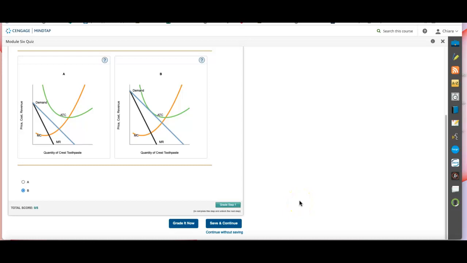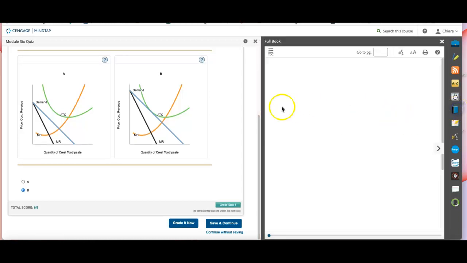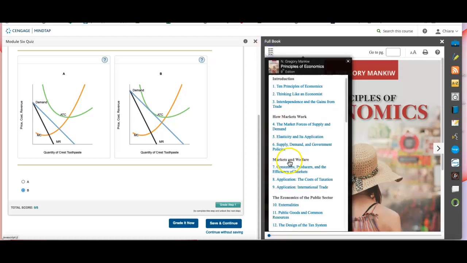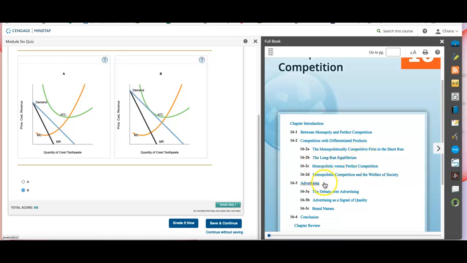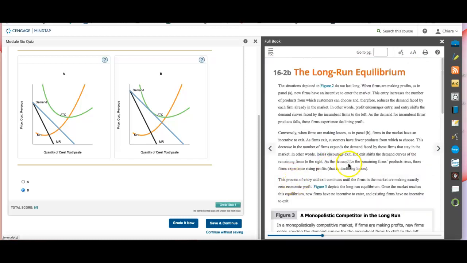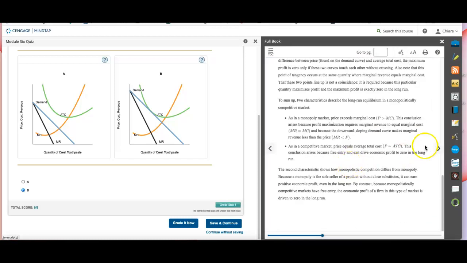And if you're unsure of that, again, I encourage you to open the textbook, go find monopolistic competition, and you can find long run equilibrium, and just go see what it looks like.